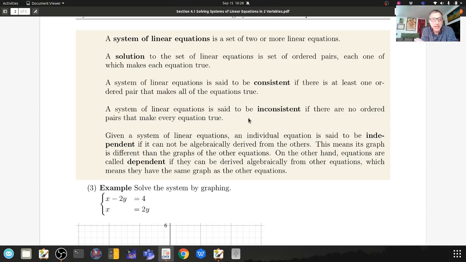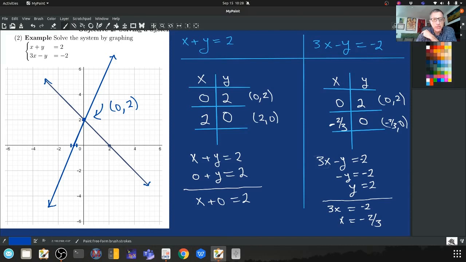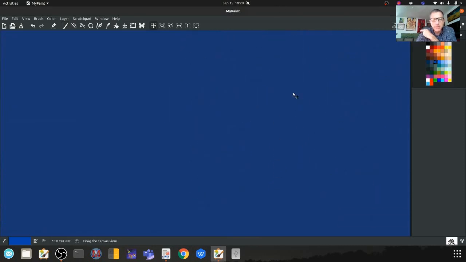So in our case, I'm just going to give you some information rather than try to derive it. If we have a system of linear equations, and we're always going to be dealing with two linear equations in this course.